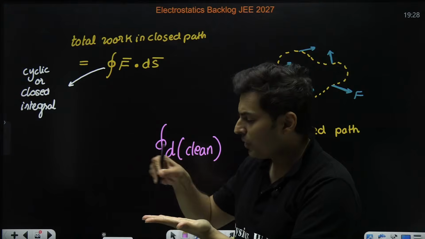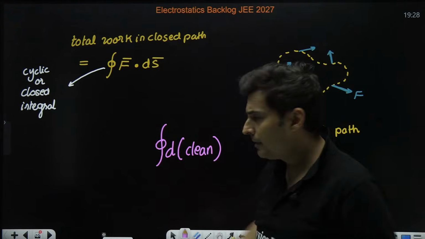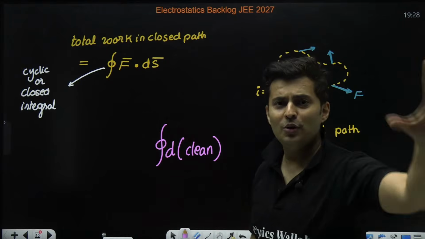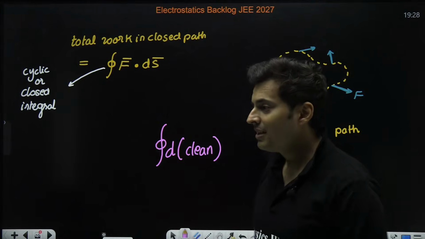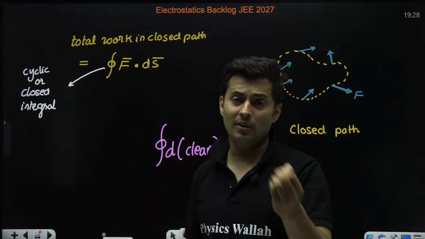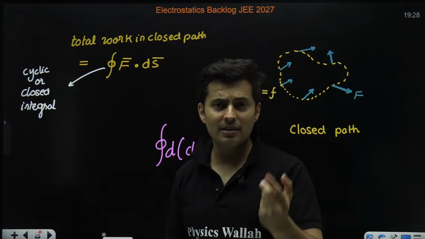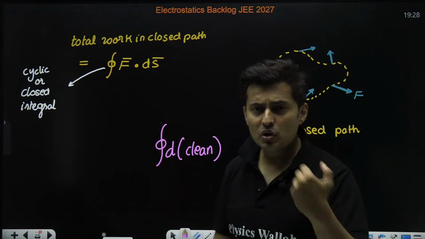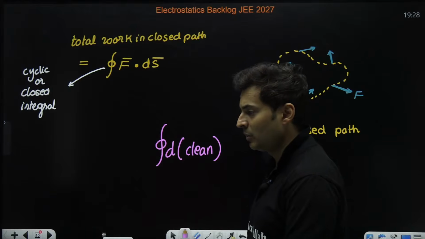So ensure that you start from here, you clean, and you come back, and you are not leaving anything. So that is the meaning of this cyclic integral. You will see this even in Gauss's law, integral of flux over a closed surface, and even in Ampere's law in magnetism, so many places you are going to encounter this symbol.